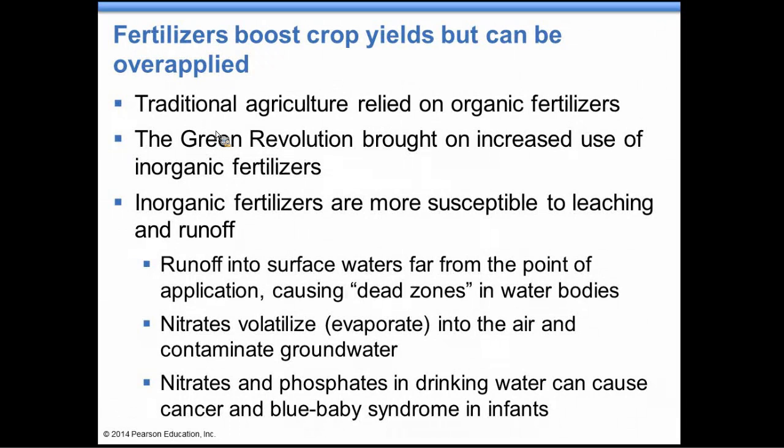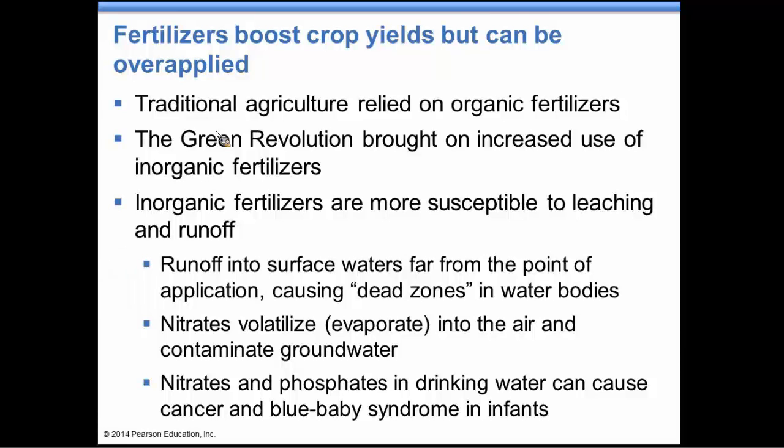So fertilizers boost crop yields, but they can be over-applied. Traditional agriculture relied on organic fertilizers. The Green Revolution brought on increased use of inorganic fertilizers, and they are more susceptible to leaching and runoff. Runoff into surface waters from the point of application can cause hypoxic zones in water bodies. We talked about that last lecture.